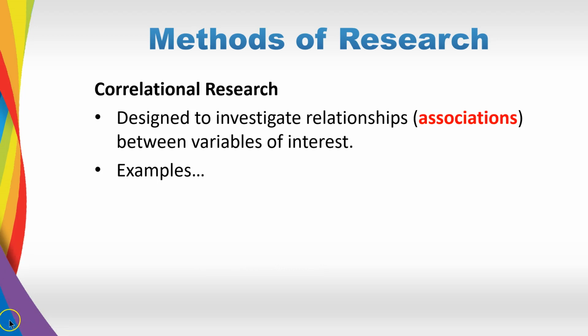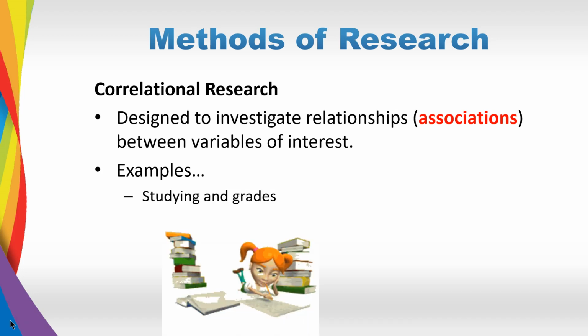So for correlational research, again, that is looking for a relationship or association between variables that you're interested in. So I like using the examples of studying and grades because you would think that if people study more, maybe their grades are going to be higher. So we can look at those two things, like how much does somebody study and what are their grades?